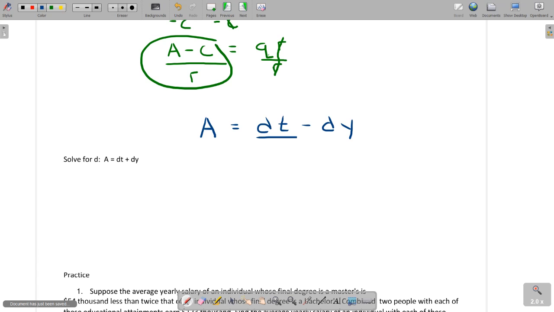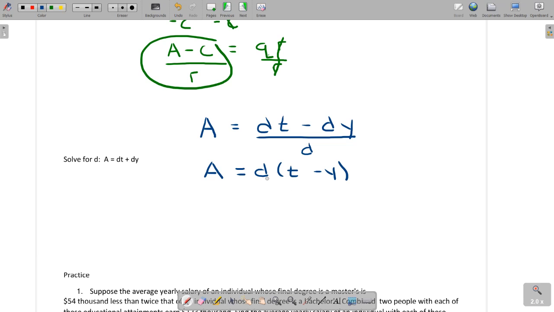If I divide this whole thing by D, it comes like this, T minus Y. Now I'm not doing that on both sides, because I didn't actually change the value of this equation at all. All I did was take this out. If I distributed it, I'd be right back here. So it hasn't changed at all. That's why I'm not doing it on both sides. You can take out a GCF just on one side.